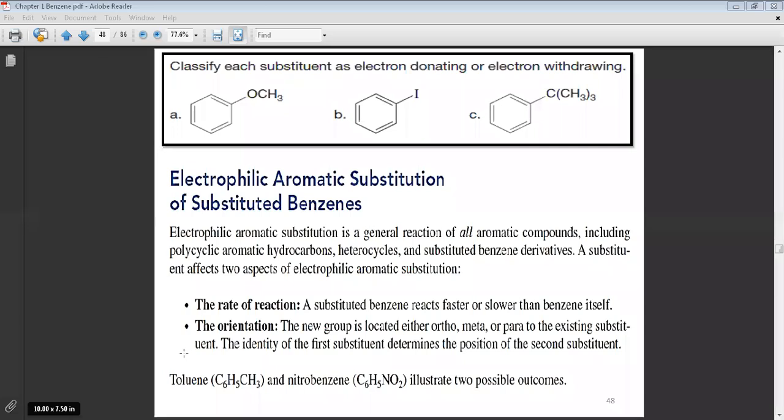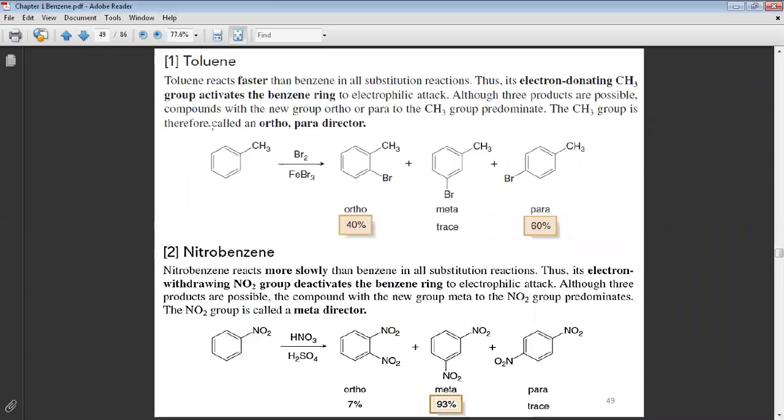Then, for example, toluene and nitrobenzene illustrate two possible outcomes. Here, look at toluene. If I make halogenation of toluene, the Br will go on the ortho, meta, and para positions. Look at the percentages here. For the ortho, 40%. For the para, 60%, a high percentage.